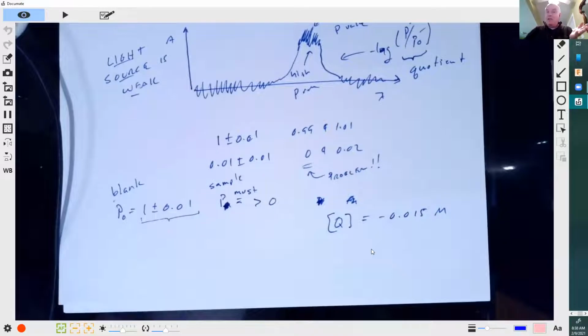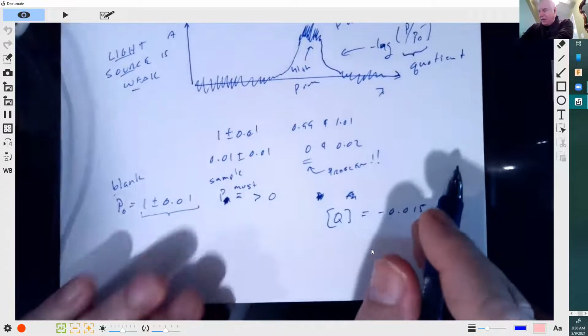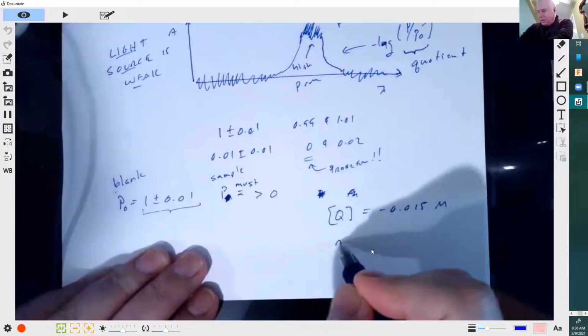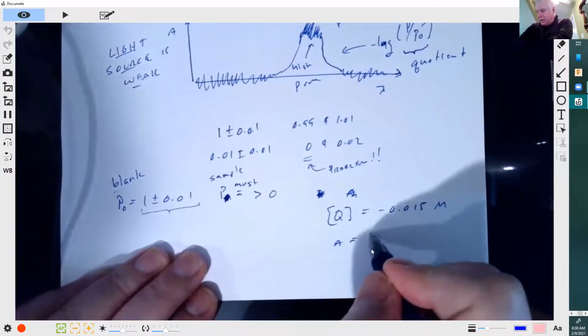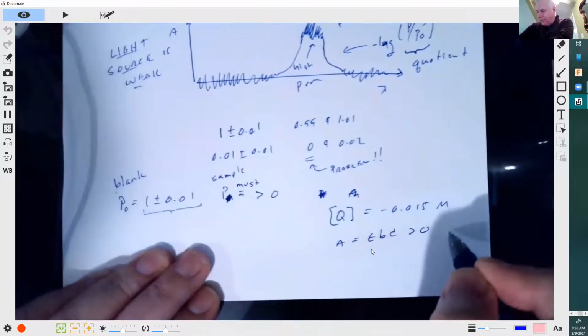And the technical term is non-physical, right? That's a non-physical concentration, because it can't happen in reality. So now, does that mean that absorbance, which is in theory epsilon b c, is always greater than 0?